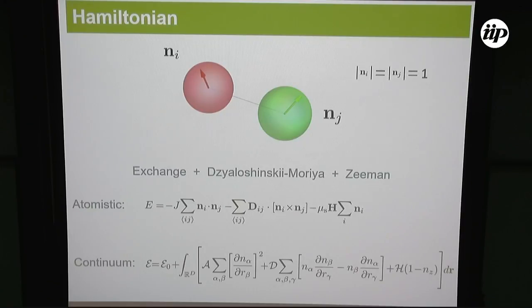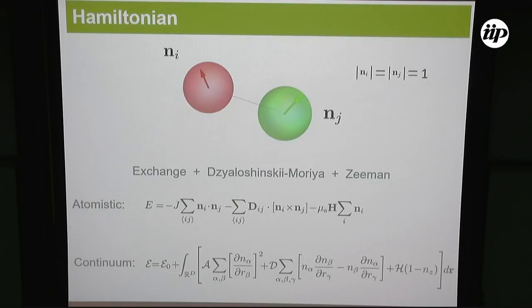But even if you prefer the continuum approach, if you try to solve the bottom Hamiltonian numerically, you have to implement some, for example, finite difference scheme, and up to second order, this scheme will be exactly the top Hamiltonian. So both Hamiltonians are about the same.